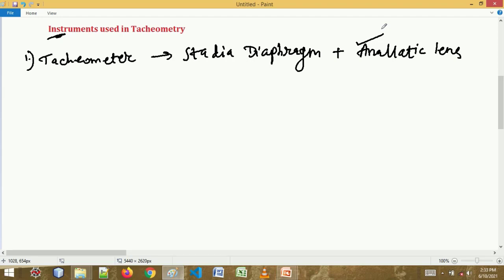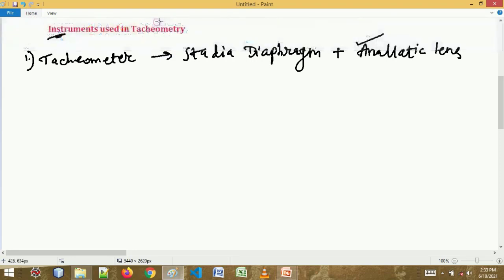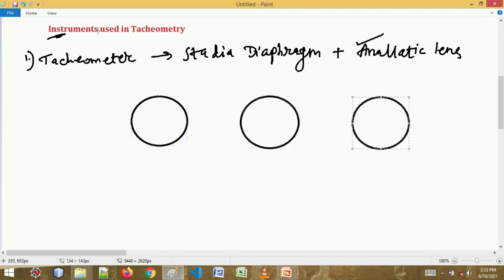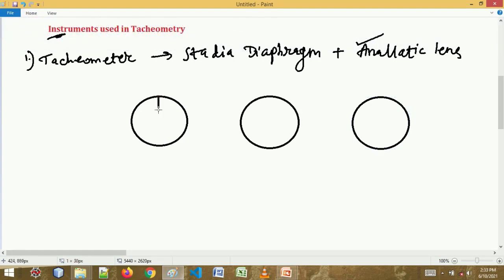Now we will see what a stadia diaphragm is.